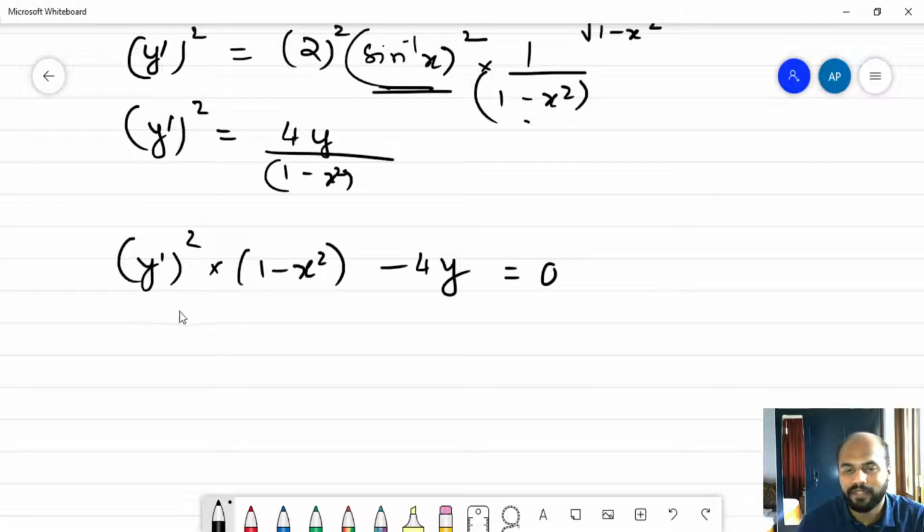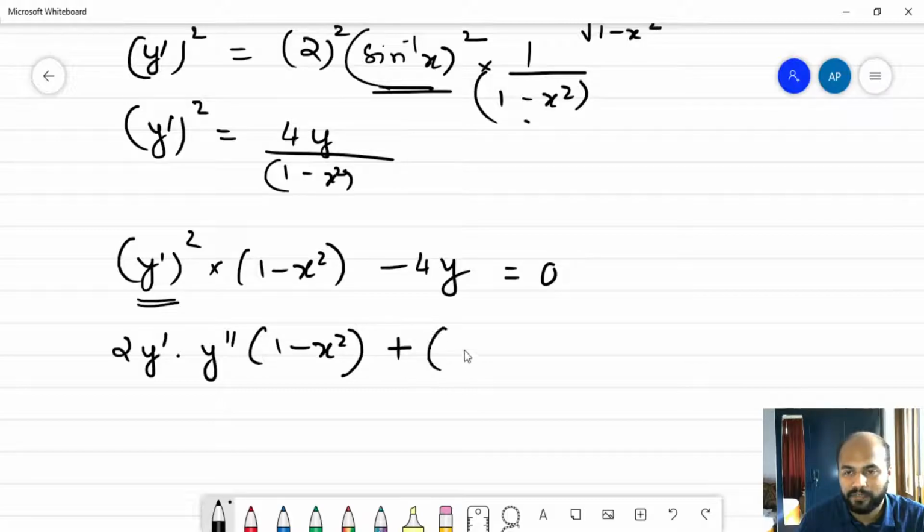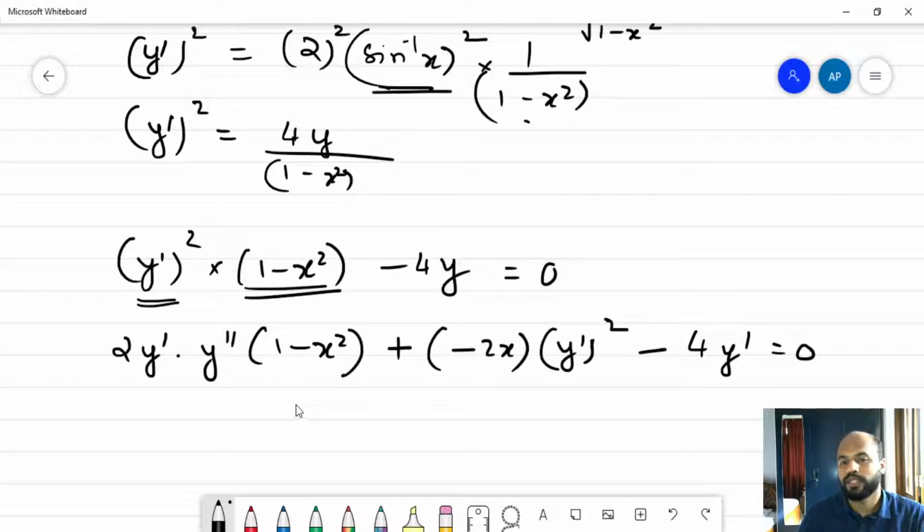Now let's differentiate this according to product rule. So this is going to be 2y dash into y double dash. This will be the derivative of this point with 1 minus x square as it is. Then what we're going to do is we will differentiate this, that will be minus 2x. So I'm differentiating this now, keeping the other term same. Then what we have is minus 4y dash equals to 0.